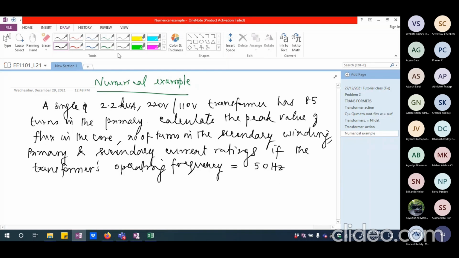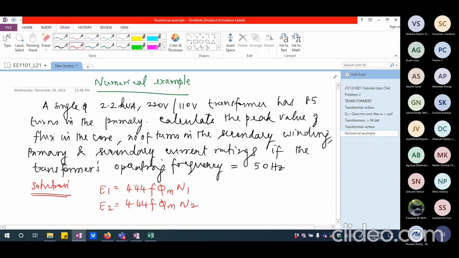So let us take a look at this. We should use the voltage equation of the transformer that we derived. We basically derived E1 equal to 4.44 F phi M multiplied by the number of turns N1. The same way, E2 equals 4.44 F phi M multiplied by N2.